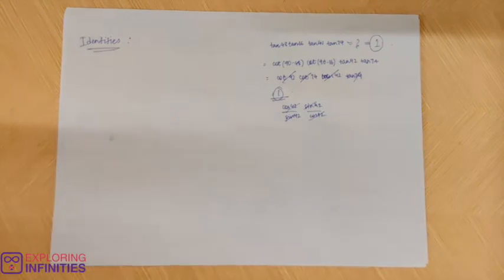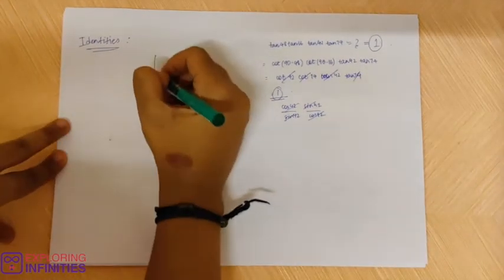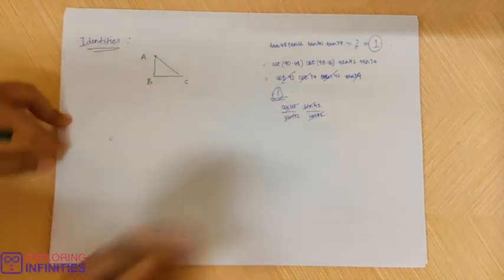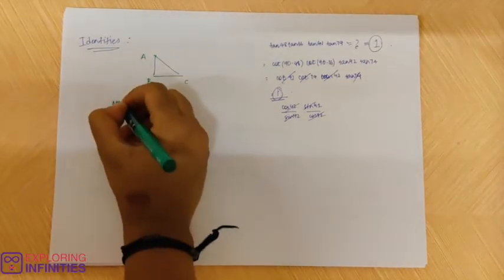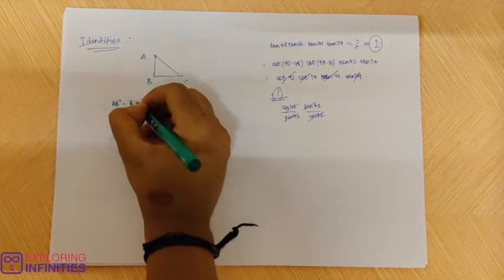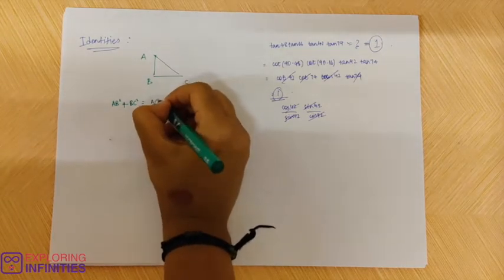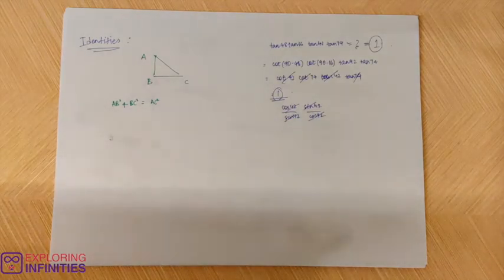Identities. So now let's take a triangle. Triangle A, B, C, right? So we know that AB square plus BC square is equal to AC square, right? We've already learnt it in Pythagoras theorem.